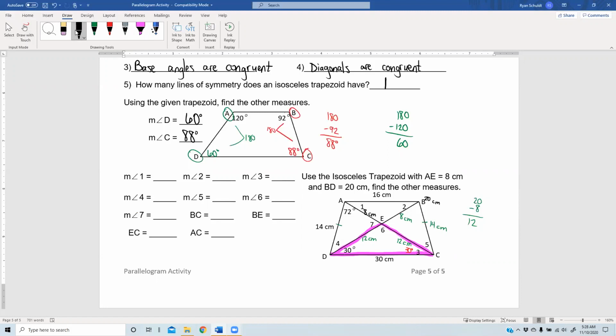How many degrees does that leave me with for angle 6? 30 plus 30 is 60. 180 minus 60, 120. So that means angle 6 has to be 120 degrees. If 6 is 120, that means 7 has to be, since they're on the line, 60 degrees.